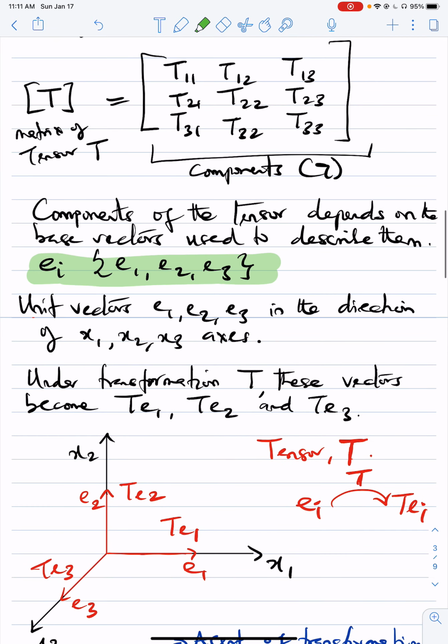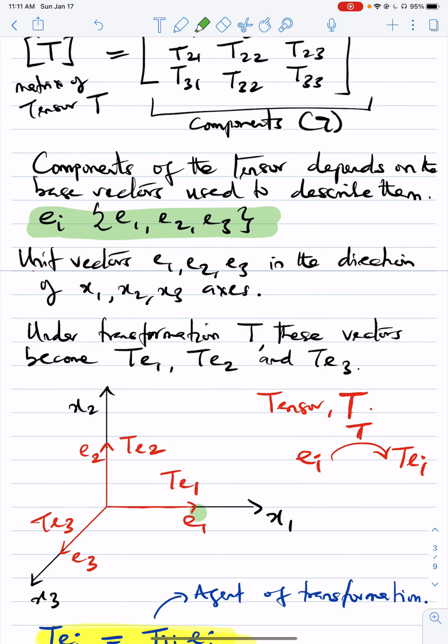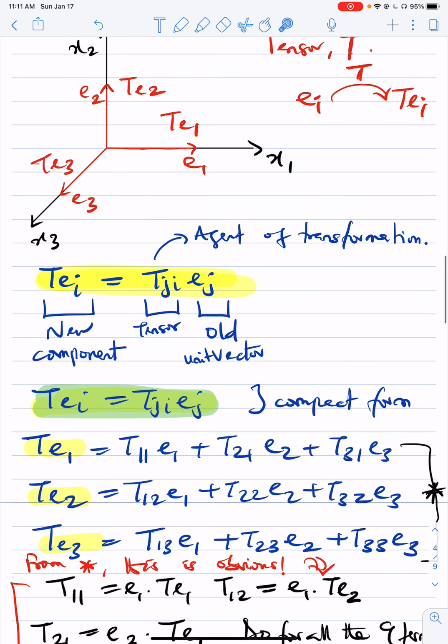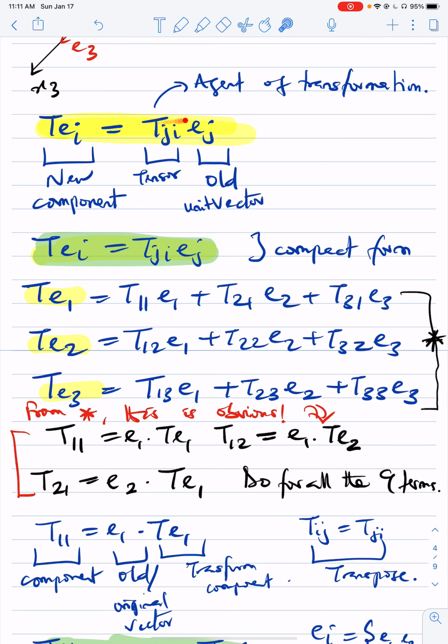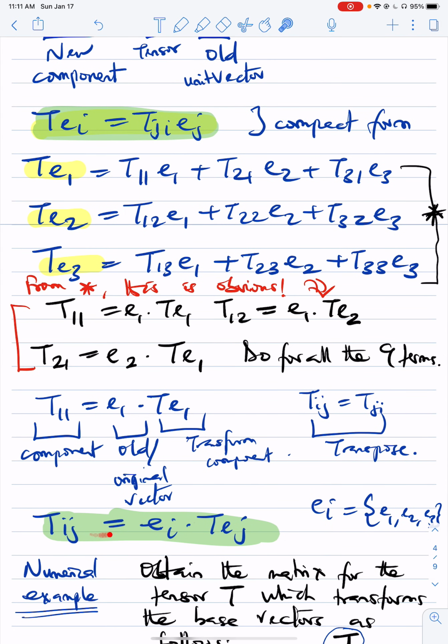So what happens when you transform Ei to TEi? So this was a graphical explanation of that, trying to give an overview. Then I did some mathematical, well, I like to call them little jargon, to show you the components and how we moved from this point to this point.